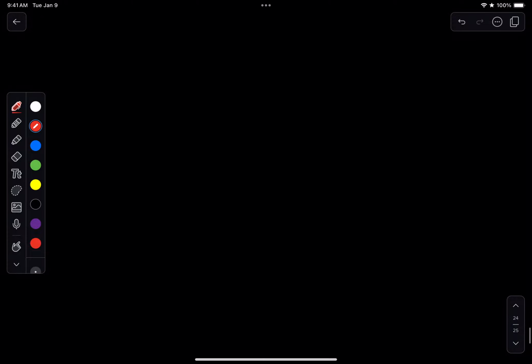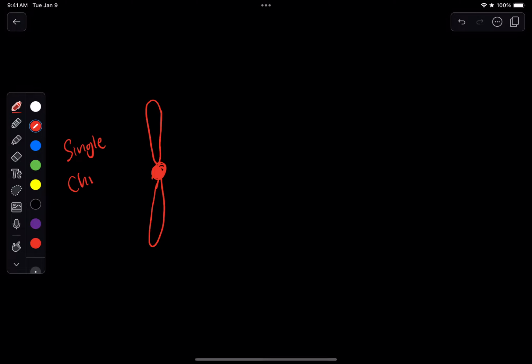These are chromatids, and this is how it's usually represented. There is a centromere. This is a single chromatid, and this by itself is also called a chromosome.